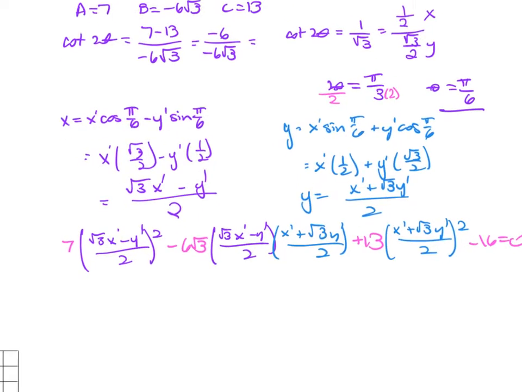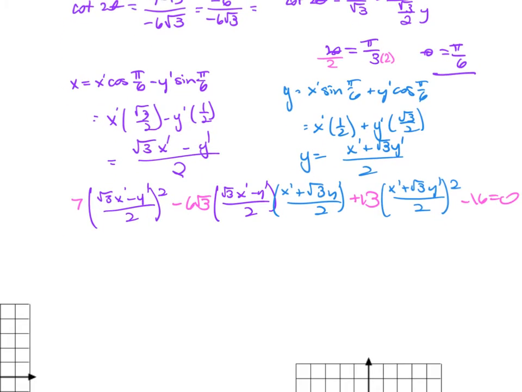So now this is just multiplying everything through, and so this is 7, and then I'm going to square this x here, so it ends up being 3x prime squared minus 2 root 3 x prime y prime plus y prime squared all over 2 squared, which is 4. Then let's multiply the next one, negative 6 root 3.